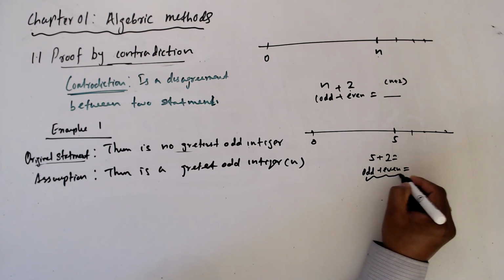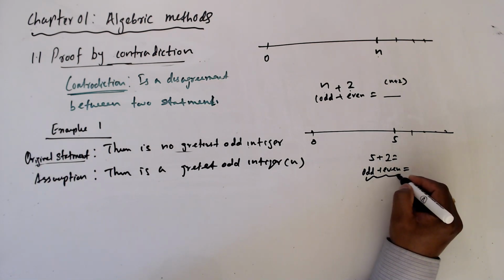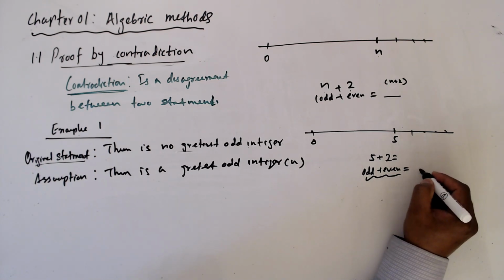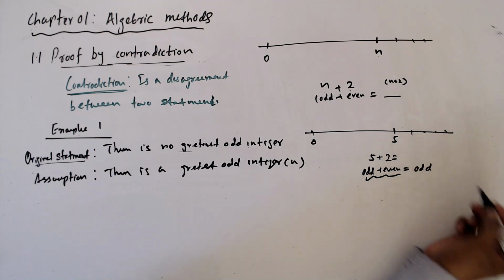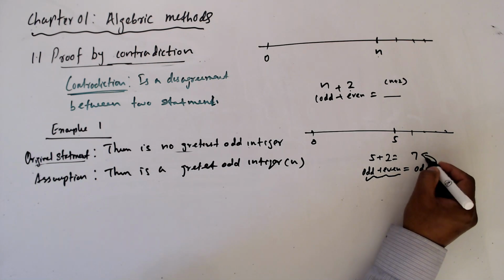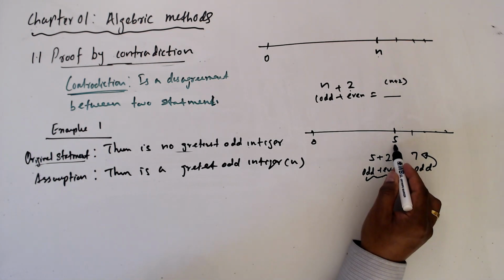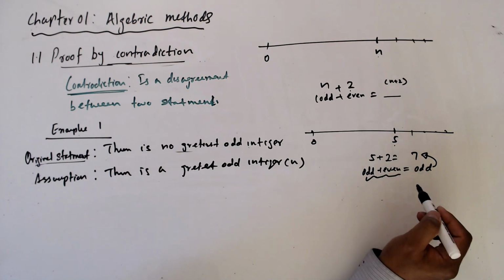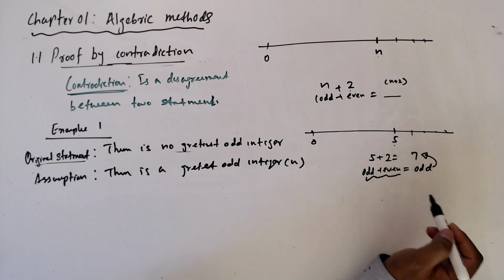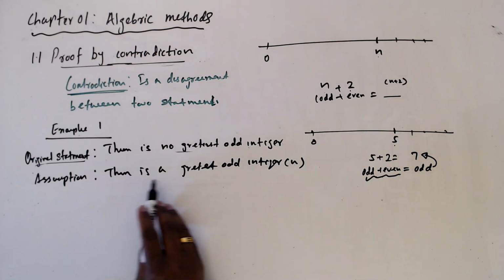When you add odd and even, what do you get? You know that when you add an odd and an even number, you get an odd number. So that is 7, which is odd. I said 5 is the greatest, but no, now 7 is greater. It means my statement is contradicted.